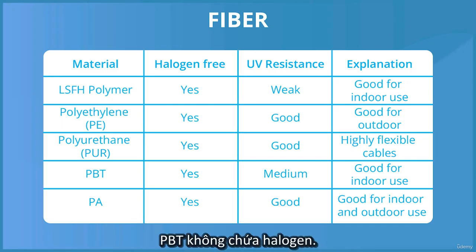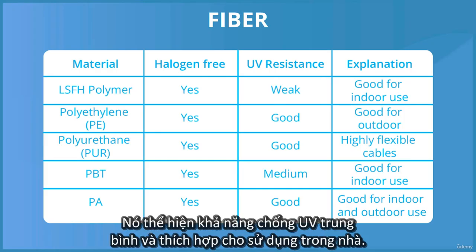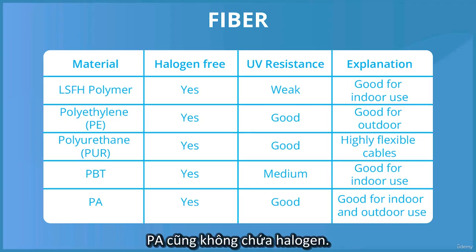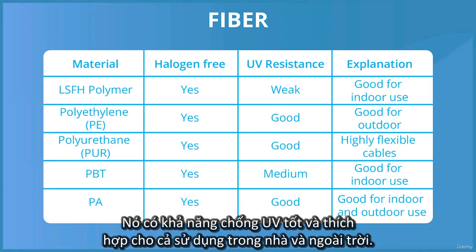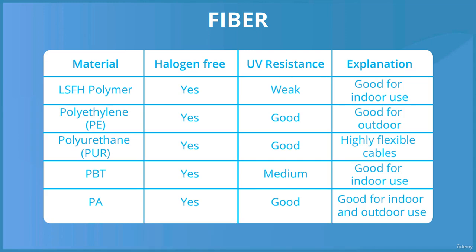PBT is halogen-free. It displays medium UV resistance, and that makes it good for indoor use. PA is also halogen-free. It's good in UV resistance, and that makes it good for both indoor and outdoor use.